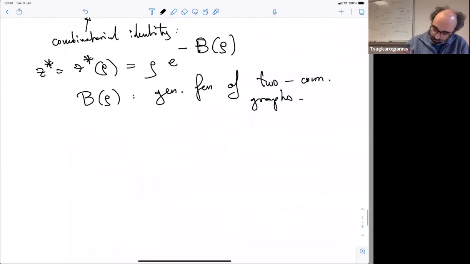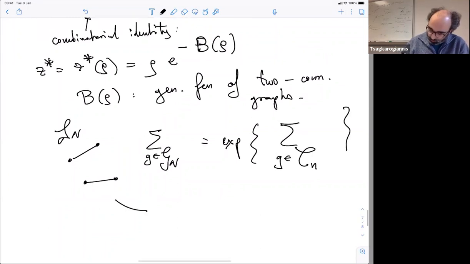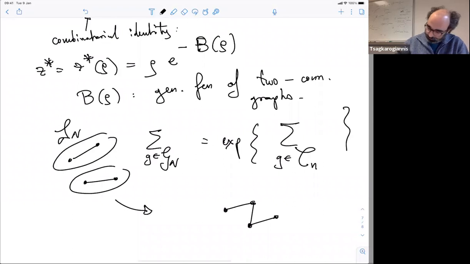So you remember, on the partition function, we started with graphs. So this was the sum over G in these G_N's. And we said that this is equal to the exponential of the generating function on connected graphs. We went from the general graph to connected graphs, so they cannot be split in connected components.